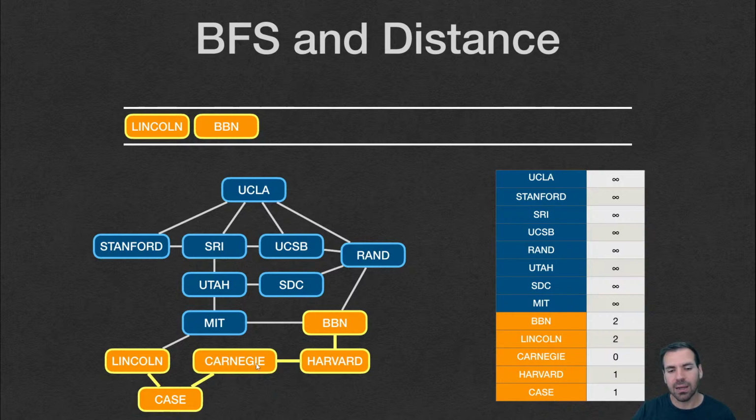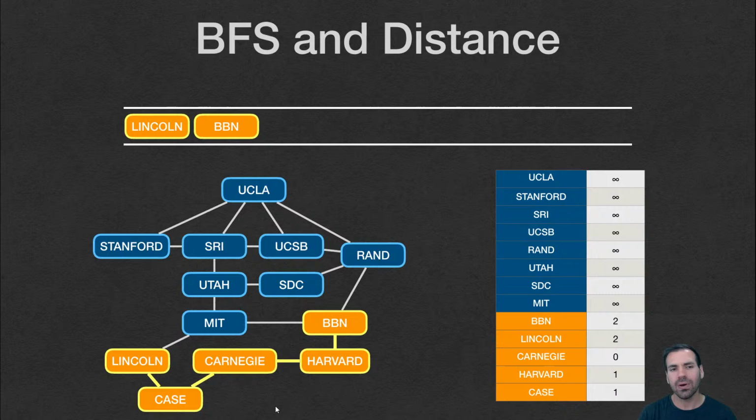When we added Carnegie's neighbors, I said it's going to add Case to the queue, it's going to check out Case, and then it's going to check out Harvard. That's going to be determined by the order of those nodes in the adjacency list for Carnegie, which is going to be determined by the order in which the edges were added to the graph. So I'm going to say that this edge was added to the graph before this edge, and that has that cascading effect of making Lincoln explore MIT.